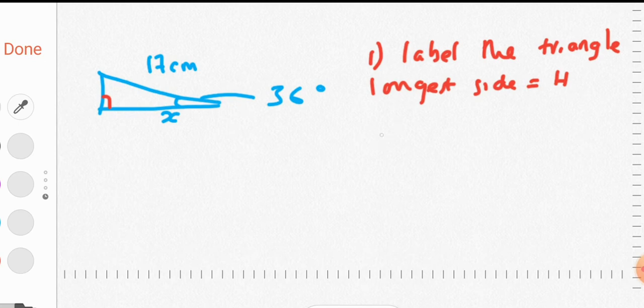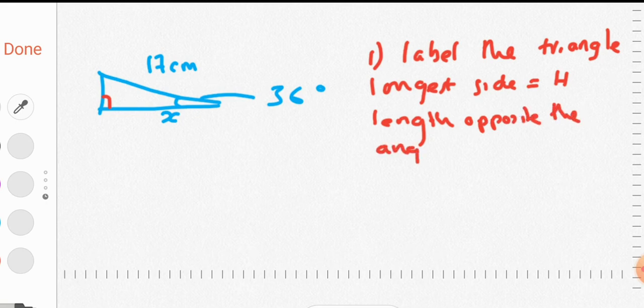Then we want to label the length that's opposite the angle that we've been given. That's called the opposite. So the length opposite the angle given is called the opposite.